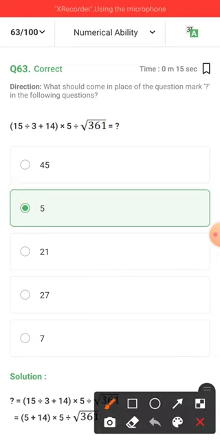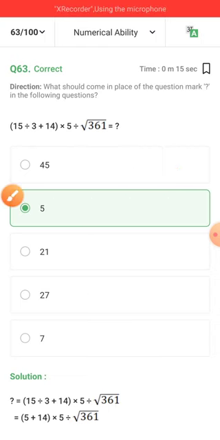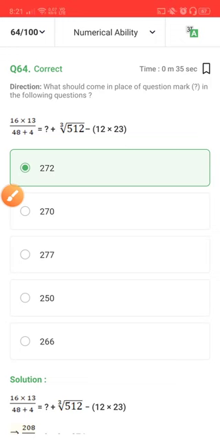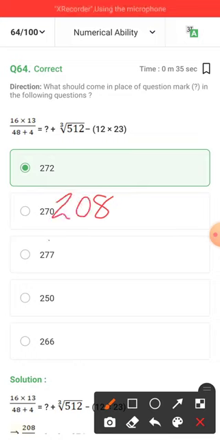15 by 3, 5, 40, 19. 19 into 5. 16 into 13 is 208. 208 by 48, plus 4, 52.